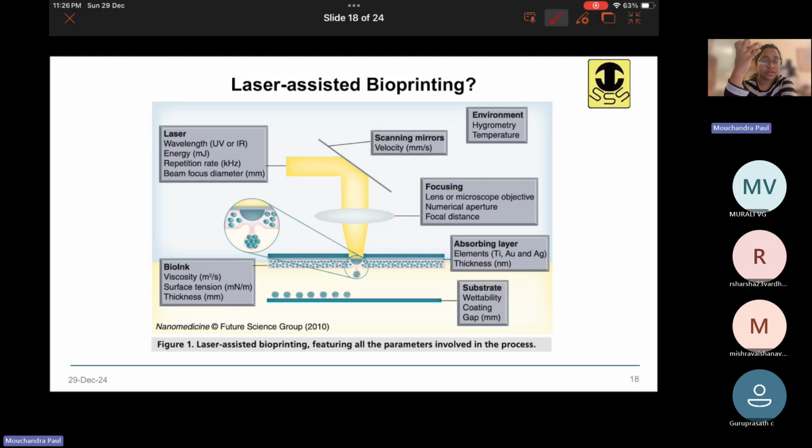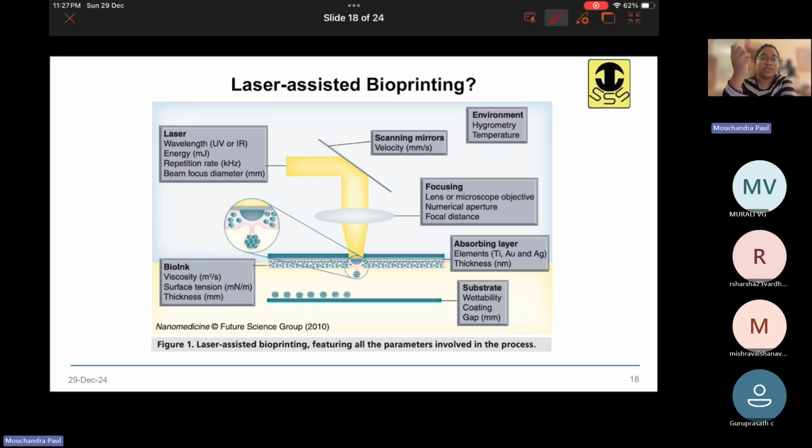Now, what is ribbon here? Ribbon consists of three parts. First part is the transparent support through which the light can pass through. The next layer is the laser absorbing layer, so it can absorb the excess energy of the laser.